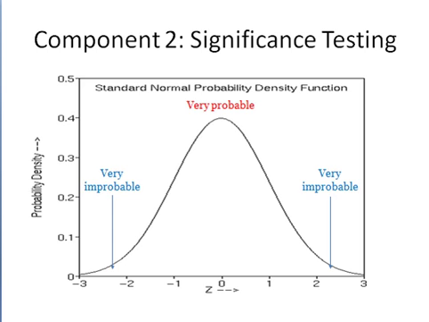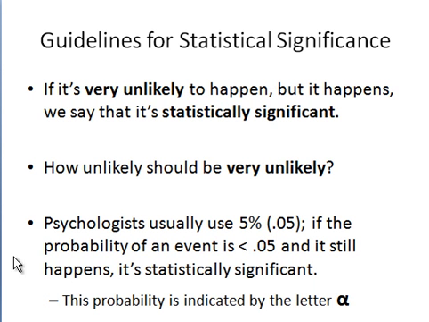So how many heads in a row would I have to flip in order for you guys to be suspicious that there's a trick coin being used here? And each of you had differing answers, and oftentimes psychologists have different answers to that question. But generally speaking, we say if it's less than 5% likely to happen, so a 1 in 20 chance, then we say that it's statistically significant.